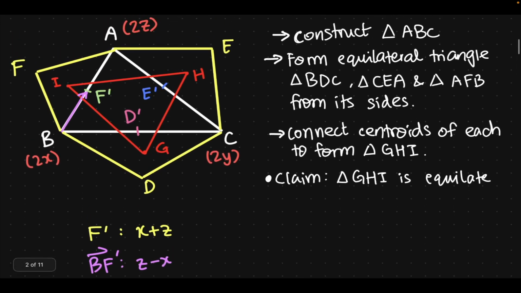Now the main thing is to find the vector F prime I, which is this vector here. Because once we have that, we can just add the coordinates of F prime and get the coordinates of I, because a vector is the head minus tail. That's essentially the main formula that we're going to use. There's nothing else that we're doing here.